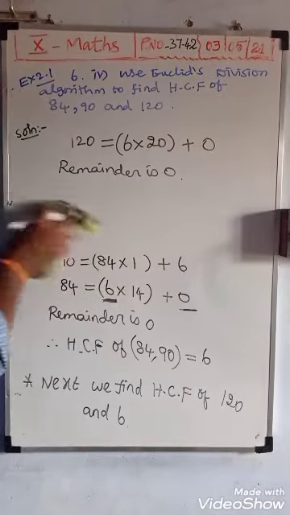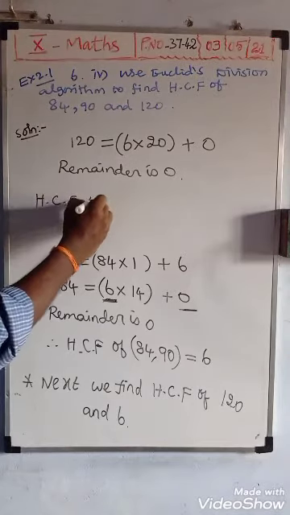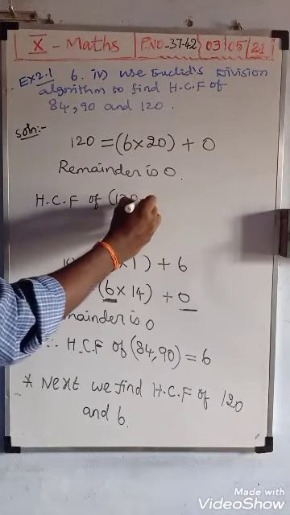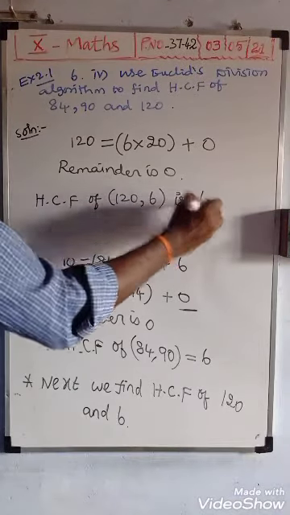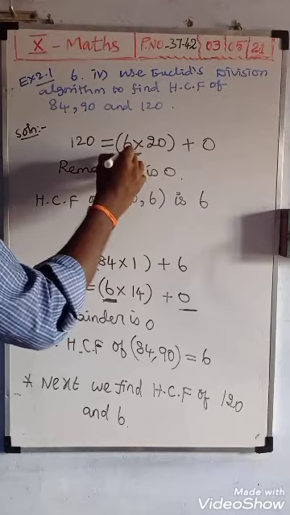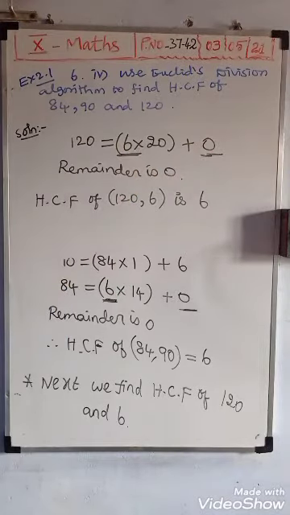Therefore the HCF of 120 and 6 is 6, because here the divisor is 6 and the remainder is 0. So the HCF of 120 and 6 is 6.